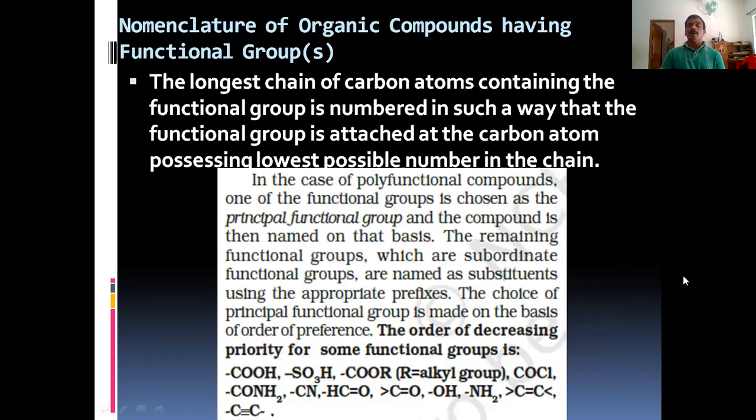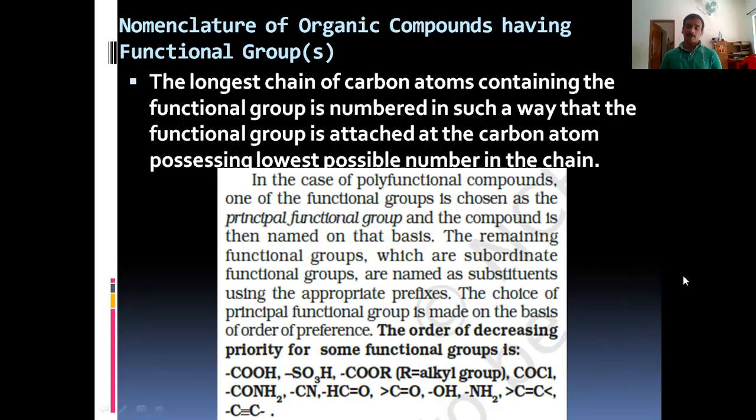Now, nomenclature of organic compounds having functional group or groups. There are many functional groups. Halo: chloro, bromo, iodo, fluoro. Then nitro, NO2. Alcoholic group, OH.